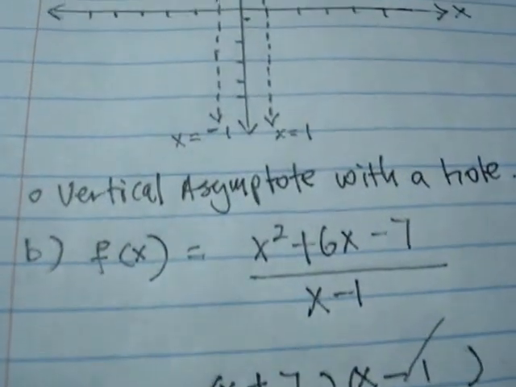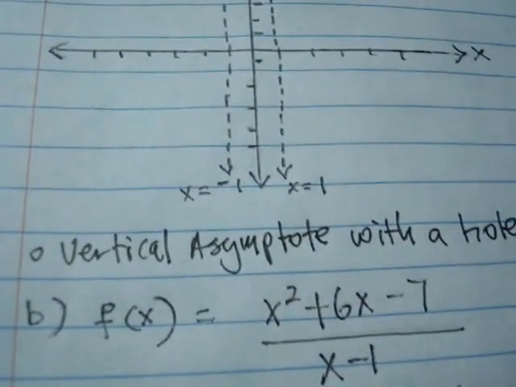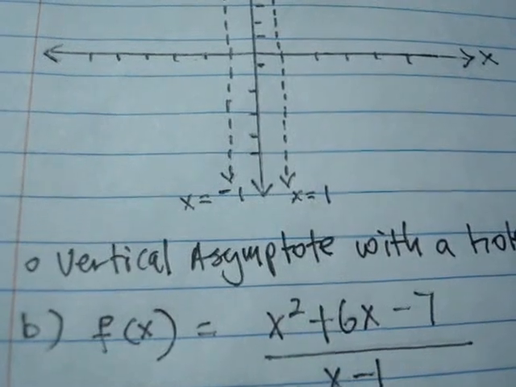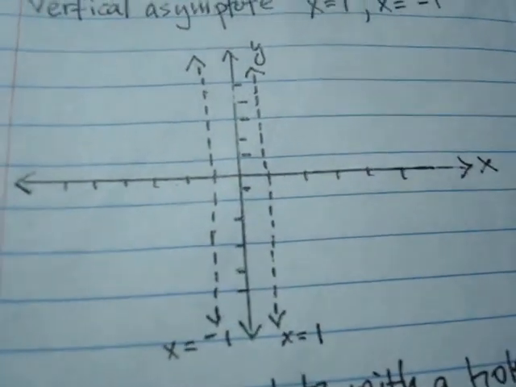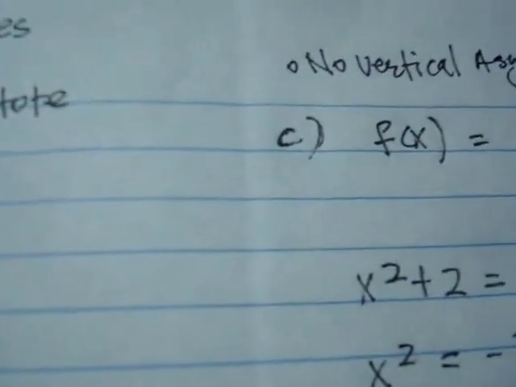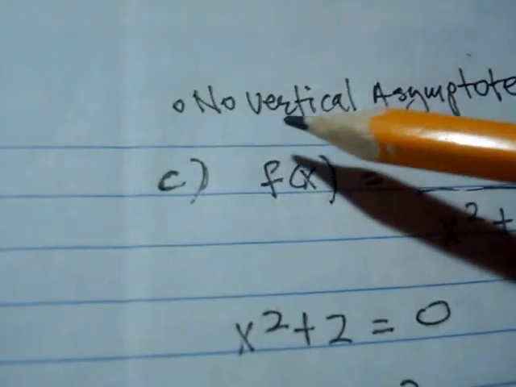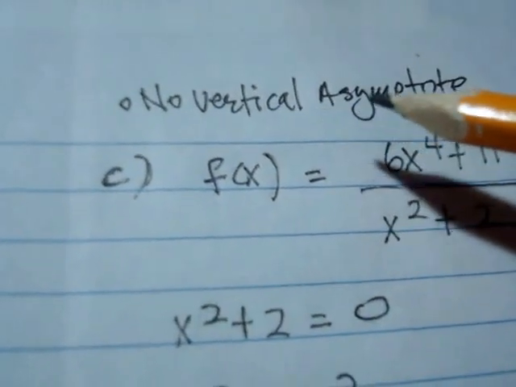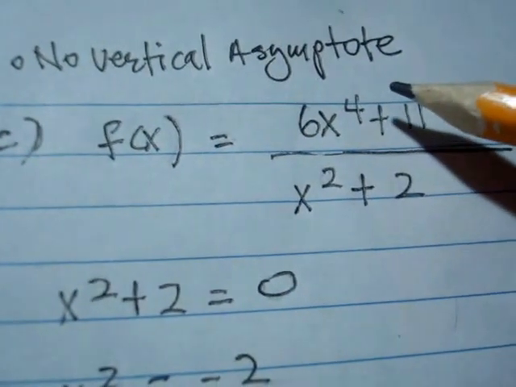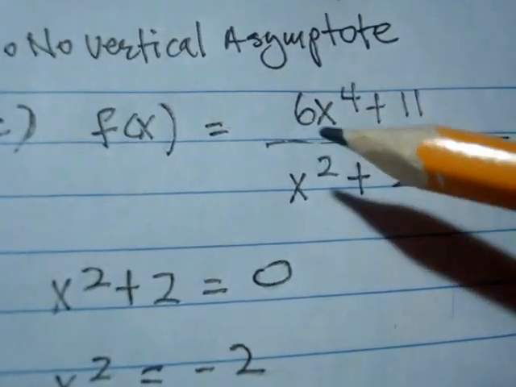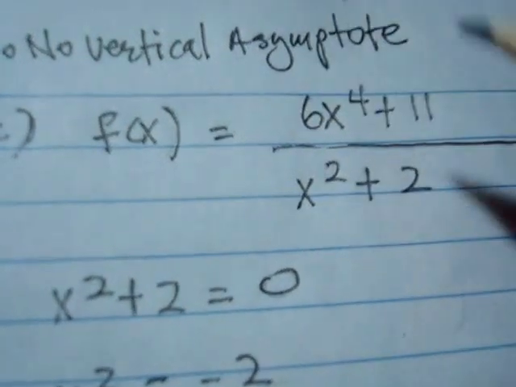Now let's go to the last example, for a function that has no vertical asymptotes. So let me explain. The last example will be called no vertical asymptotes. For instance, let's say that you're given this rational expression, and they want us to find the vertical asymptotes.